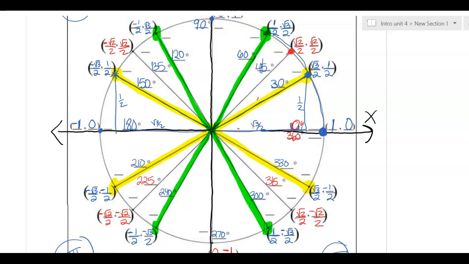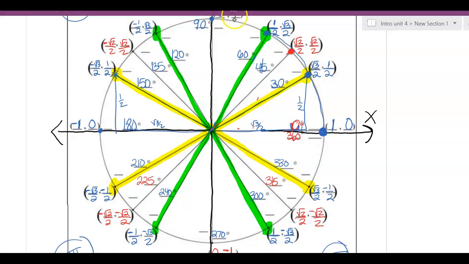I'll talk about if they're negative or positive in a minute. But all the things I've highlighted in green, 60, 120, 240, 300, you should have a 1/2 in the x-coordinate and a rad 3 over 2 in the y-coordinate because those are all 60 degrees away from the axis. Okay?